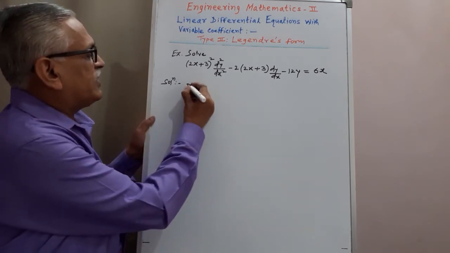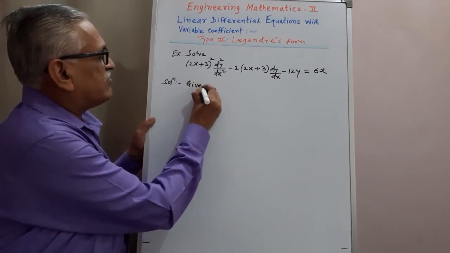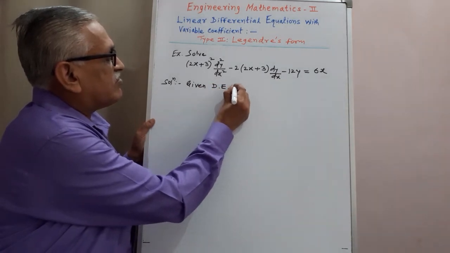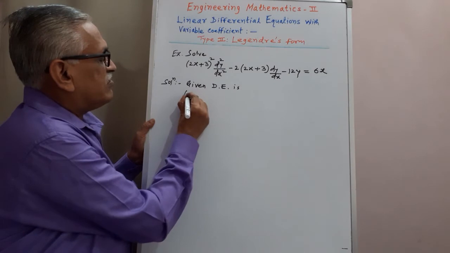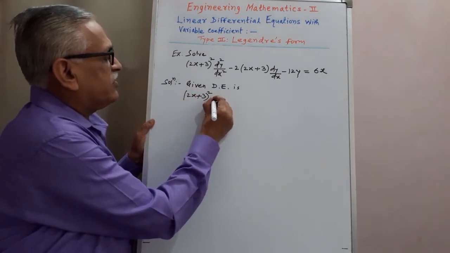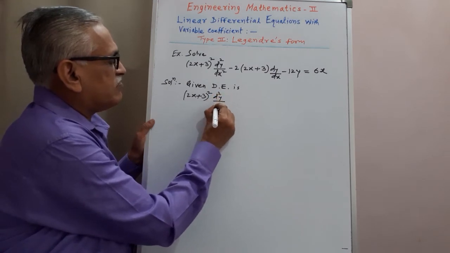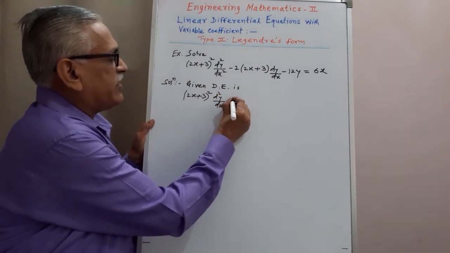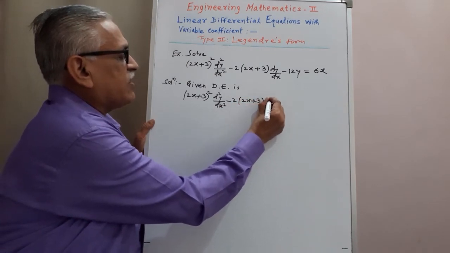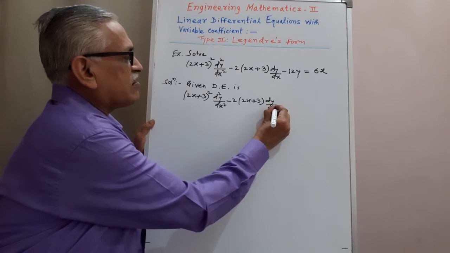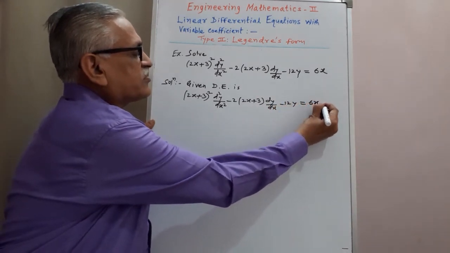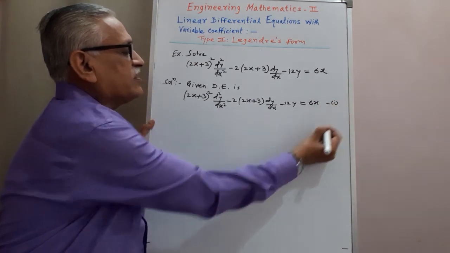Therefore, here the given differential equation is (2x+3)² d²y/dx² − 2(2x+3) dy/dx − 12y = 6x. We call this equation 1.